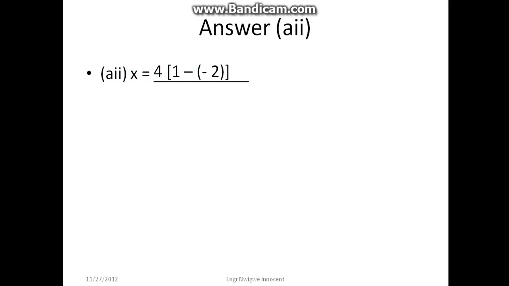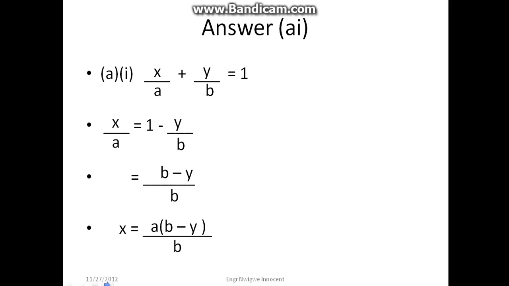Therefore, substituting these values into the equation, we have a to be 4, and in bracket b is 1, and minus our y is minus minus 2, all over our b, which is 1.